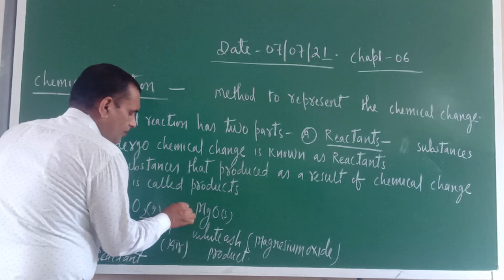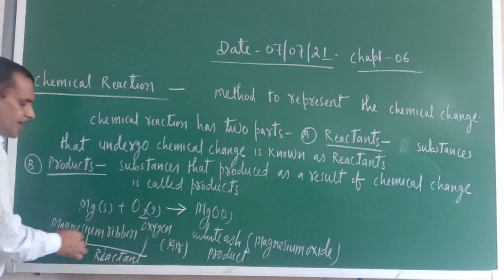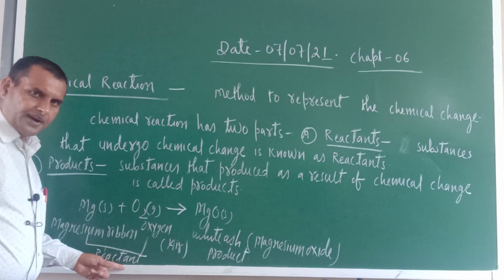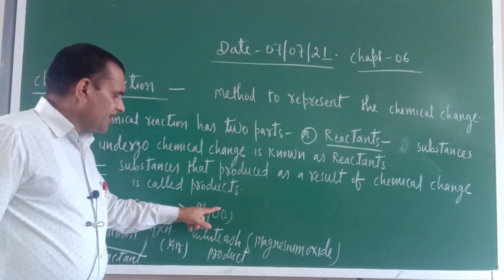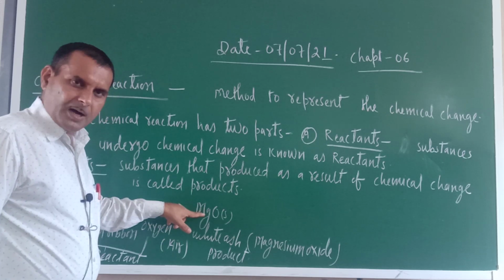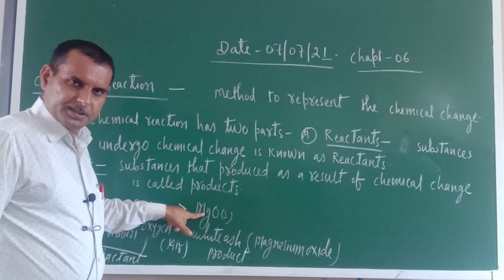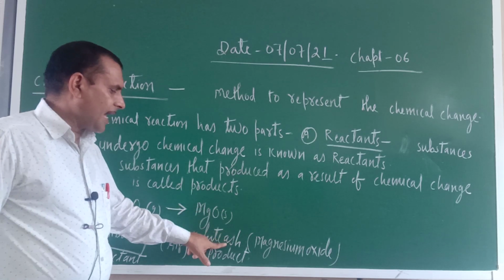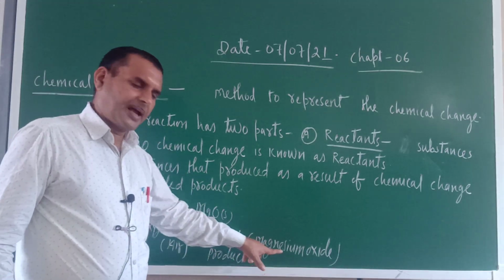Then this arrow mark. Whatever is written before the arrow mark is called reactant, and whatever is written after the arrow mark is called product. So MgO is the product. This is white ash, its chemical name is magnesium oxide.